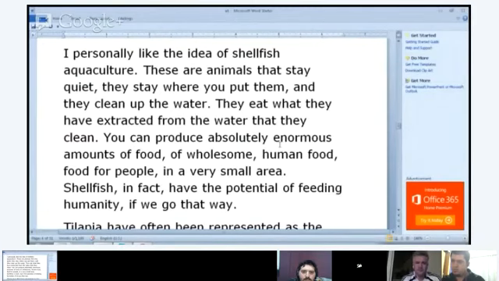They stay where you put them, and they clean up the water. They eat what they have extracted from the water that they clean. You can produce absolutely enormous amounts of food, of wholesome human food for people, in a very small area. Shellfish, in fact, have the potential of feeding humanity if we go that way.